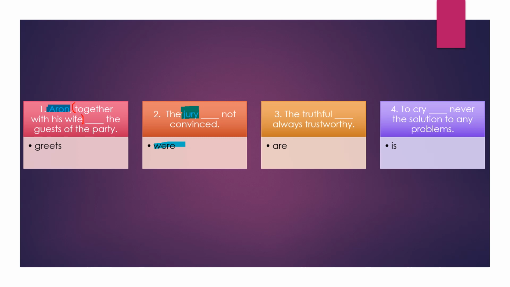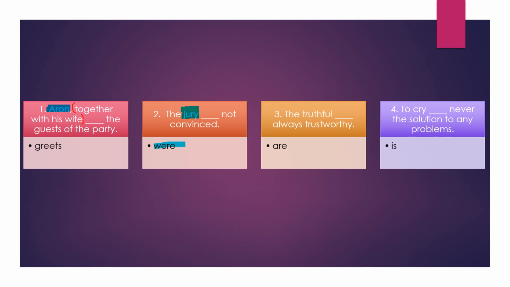Before an adjective, if we are placing the article the, that means it is replacing a plural noun, so truthful people. So the truthful dash always trustworthy would mean people is plural, therefore the verb that we place also has to be plural, are always trustworthy.